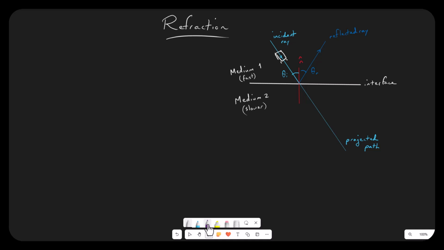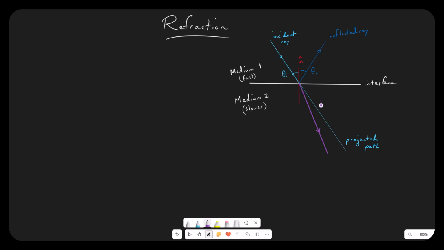And that I'm going to be tripping this wheel. When I trip this wheel, my shopping cart is going to turn that way. So now what this means is that I'm going to have a refracted ray that's going to turn this way, away from the projected path toward the normal.